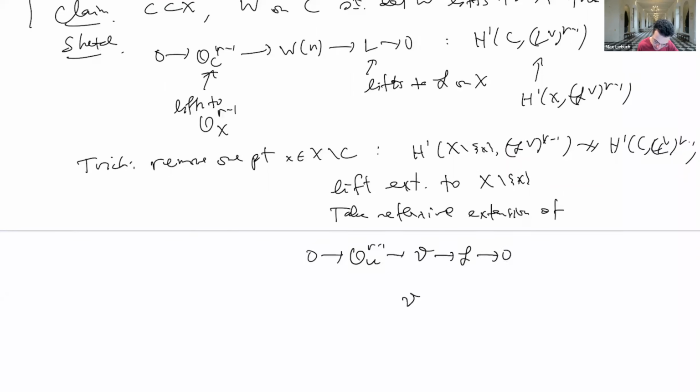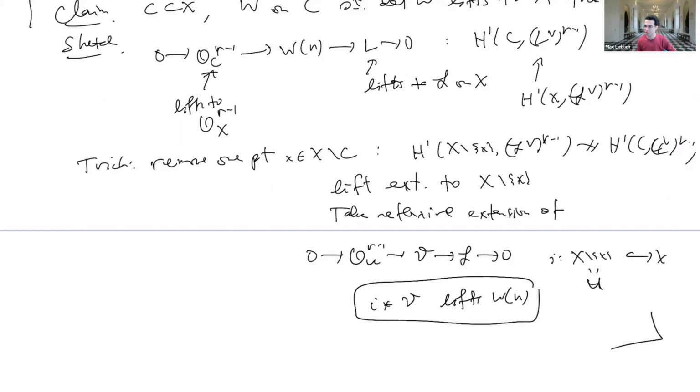And if I just take i lower star of V, this is sort of a lift of W of n. Here i is the inclusion of X minus x, which you can call U, into X. If I just push forward this V, this lifts W of n. Have you seen that before? Does that answer your question?